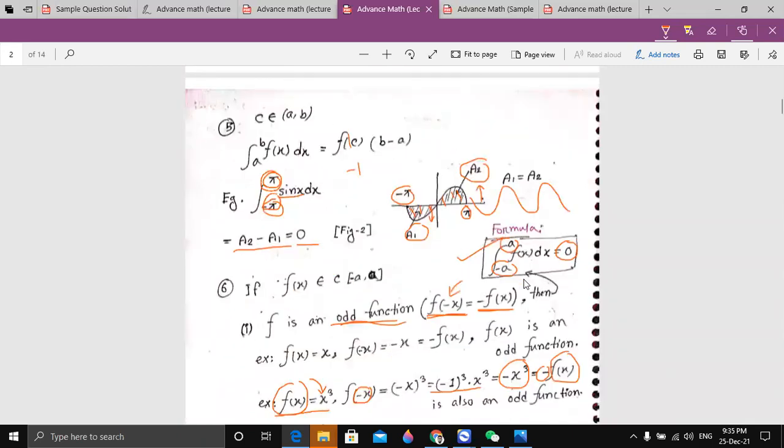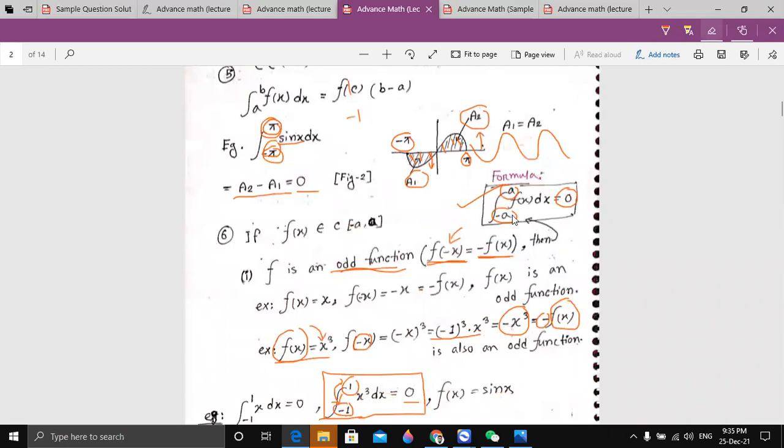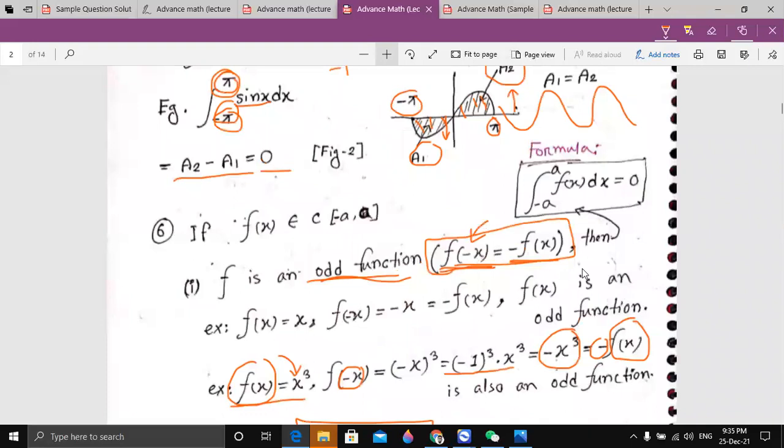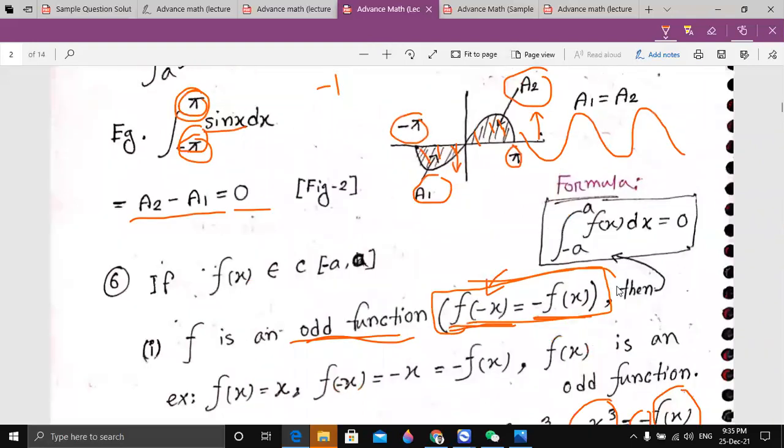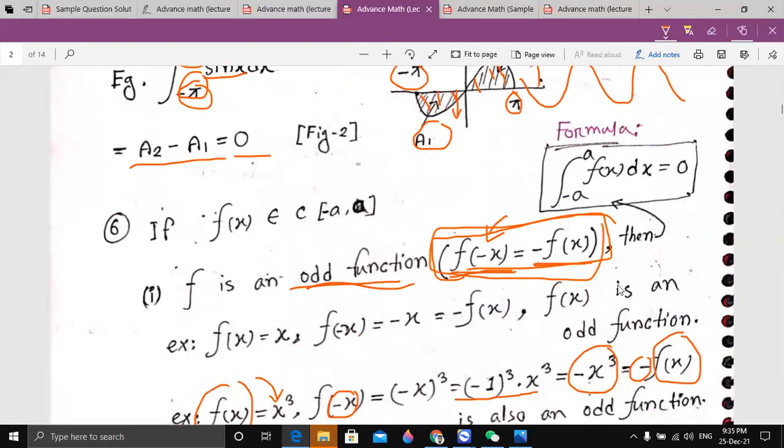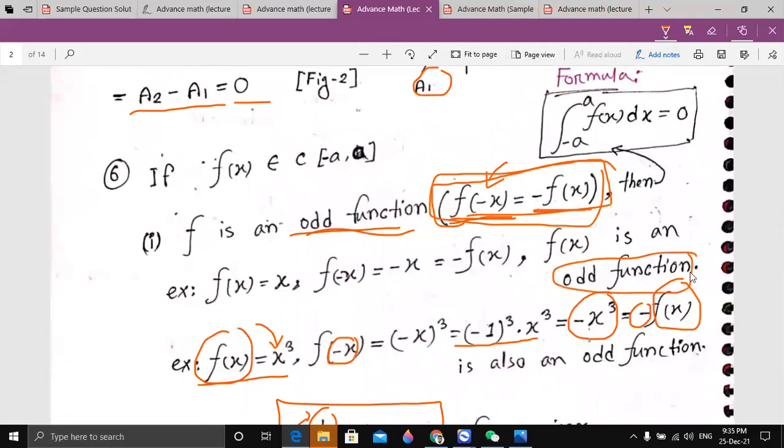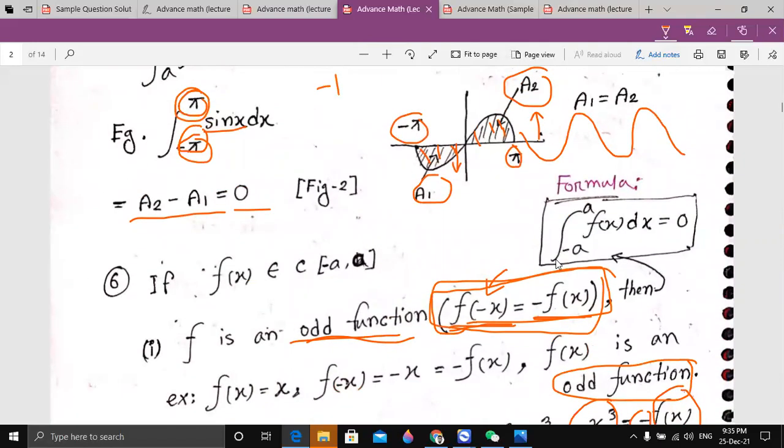So here, okay. If f of minus x is equal to minus f of x, then it will be an odd function. And for an odd function, our formula is integration of minus a to a f of x dx is equal to 0, okay?